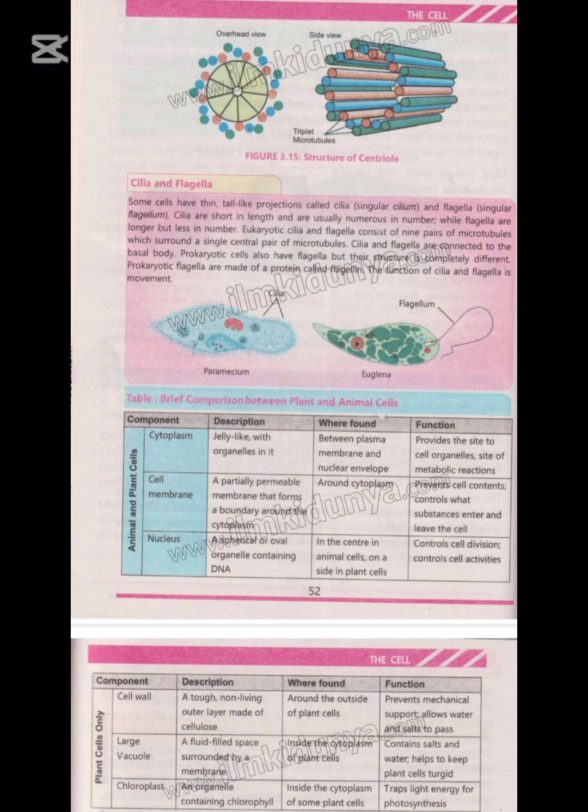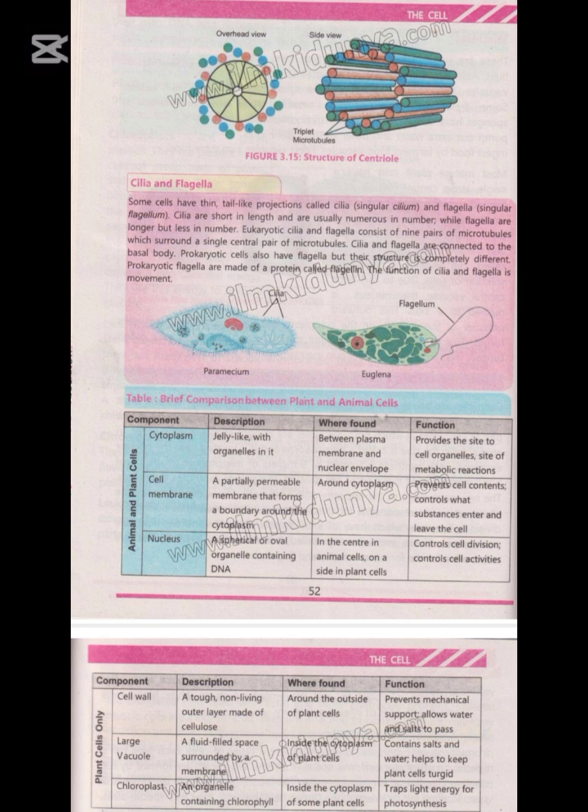Where is it found? It is found in the cytoplasm, and because of the large vacuole, the nucleus is pushed to one side. Its function is that it contains salt and water, and it provides turgor pressure to the plant, which helps the plant maintain its shape.